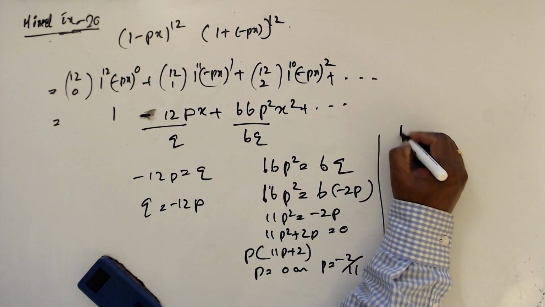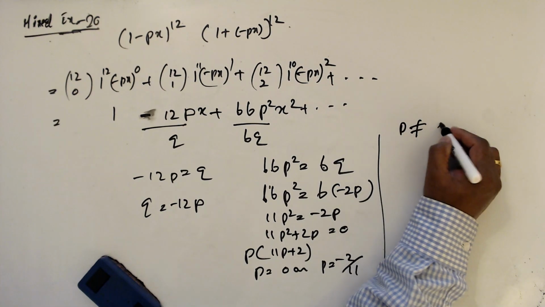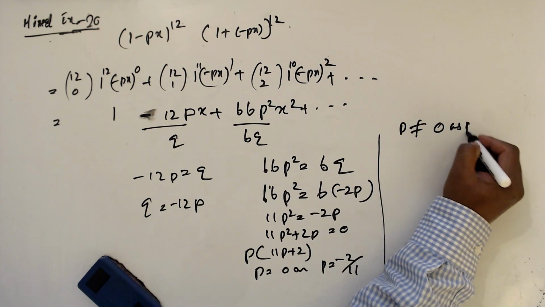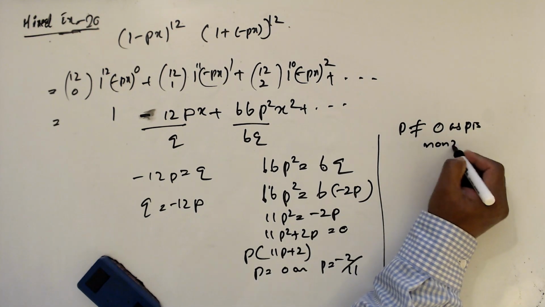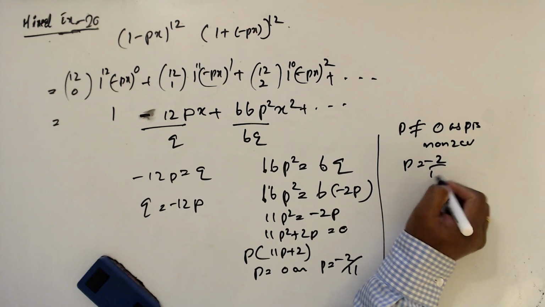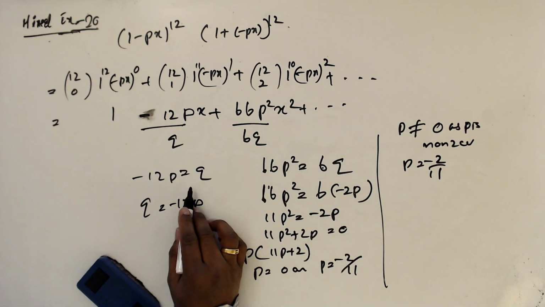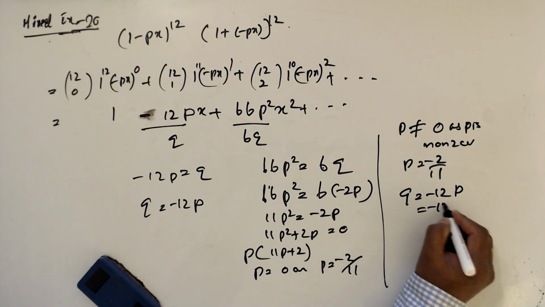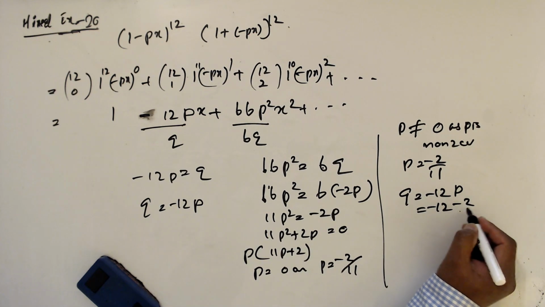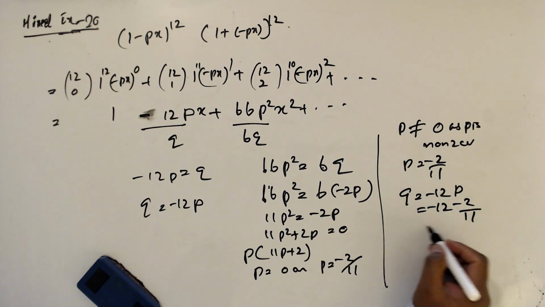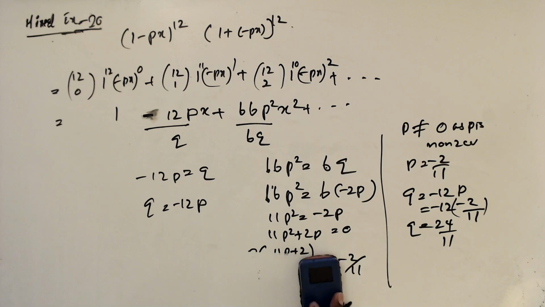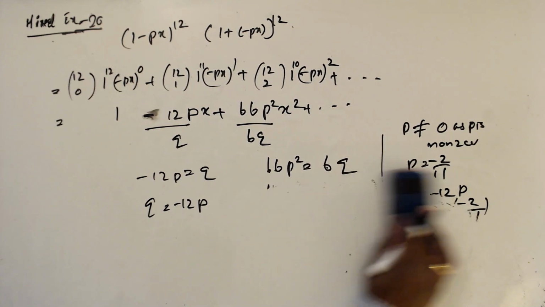So p is not equal to 0, as p is non-zero, then p has to be minus 2 over 11. Then q means minus 12 times p, minus 12 times minus 2 over 11, it means plus 24 over 11 q value. I think that's the issue with the calculation. Let me work it out again.